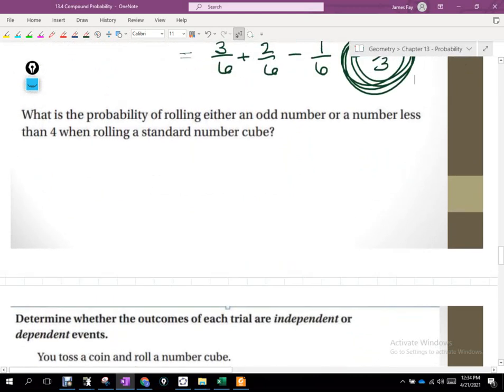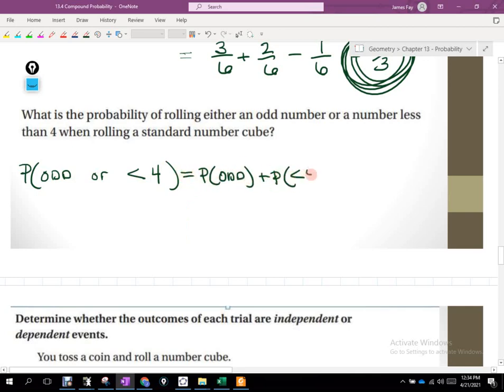What is the probability of rolling either an odd number or a number less than 4 when rolling a standard number cube? So the probability of odd or less than 4 would be the probability of odd plus the probability of less than 4 minus the probability of odd and less than 4. How many are odd? 3.